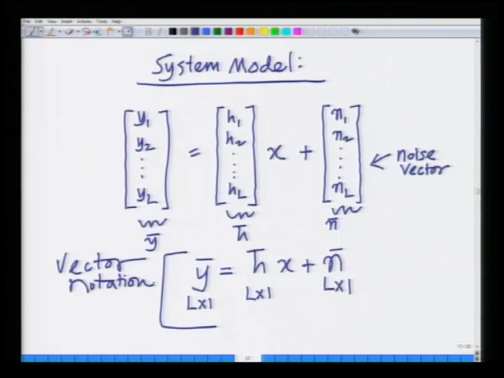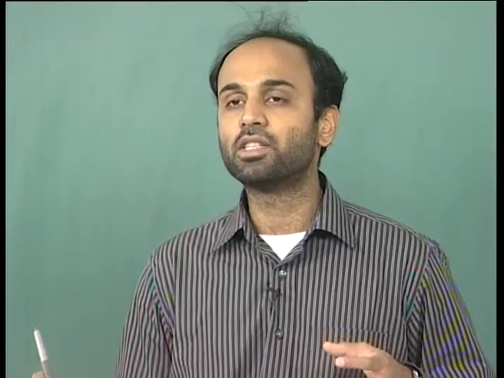This is vector notation, and we will use this to represent the wireless diversity system in a compact fashion.